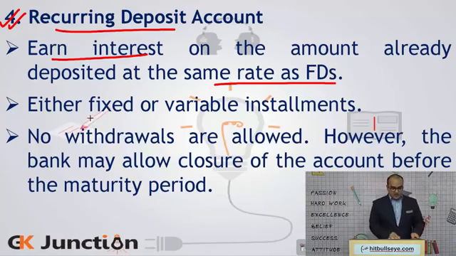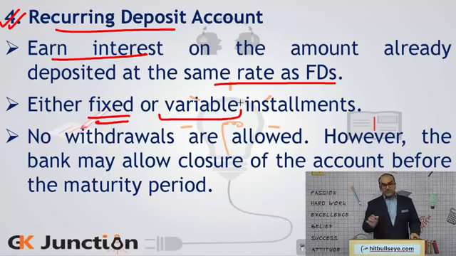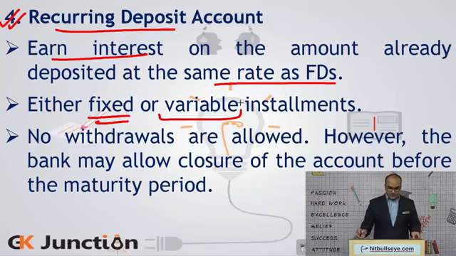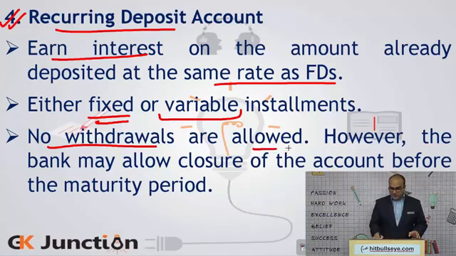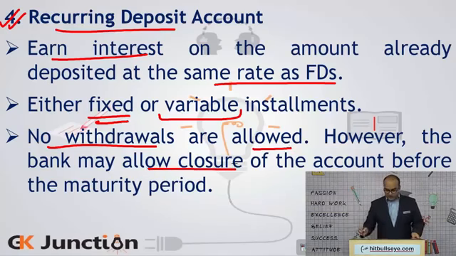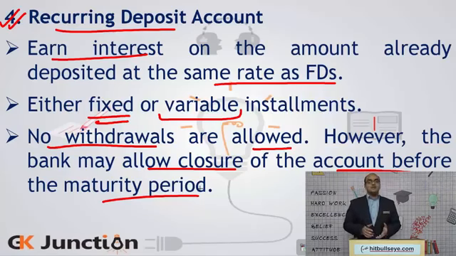Either you can have a fixed installment, that is 1000 rupees per month, or you can have variable installments as well. So one month you put in 1000, next month you put in 2000, and so on and so forth. However, no withdrawals are allowed, but some banks do allow closure of the account before the maturity period. These banks generally charge a penalty rate for closing such an account.